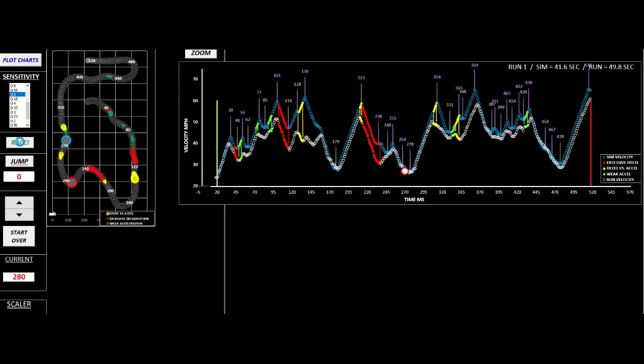But because of these areas where he lost velocity, he is losing ground and losing time, a considerable amount. So you can see that these areas where you are losing velocity are very significant. And this program will tell you where those areas are and what was the cause of that velocity loss.